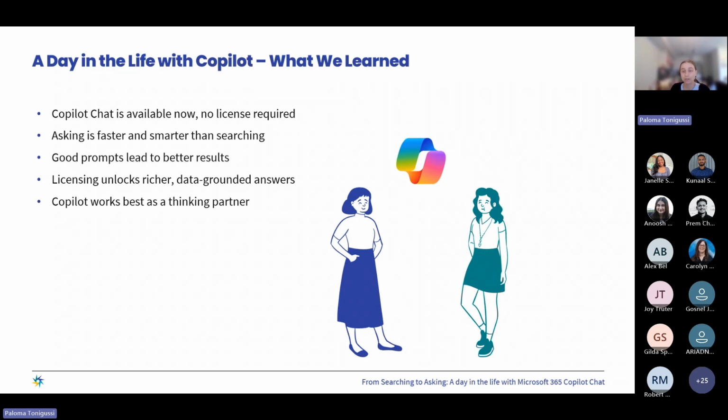Second, we saw how shifting from searching to asking isn't just faster, it's smarter because Copilot understands context. It can connect dots for you and deliver insights that search alone can't. And finally, we got a real sense of what the full license actually unlocks. When Copilot has access to your information, like your Teams, your documents and calendar, the answers become richer and more personalized, and you can take action immediately.